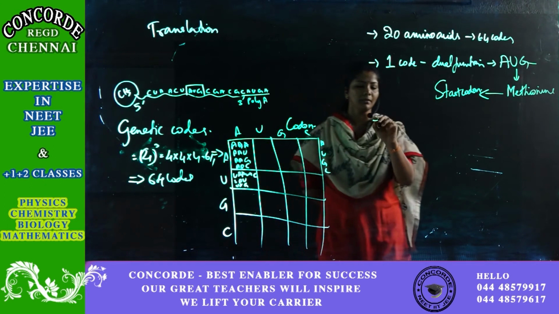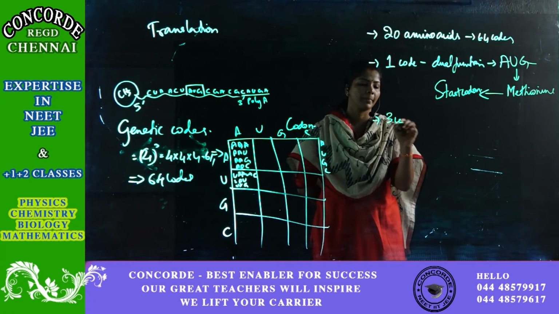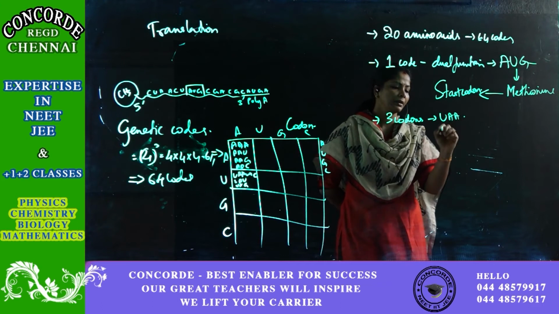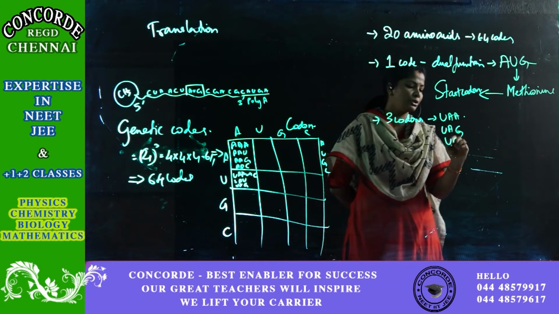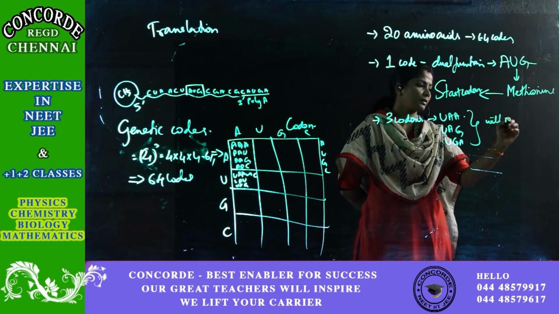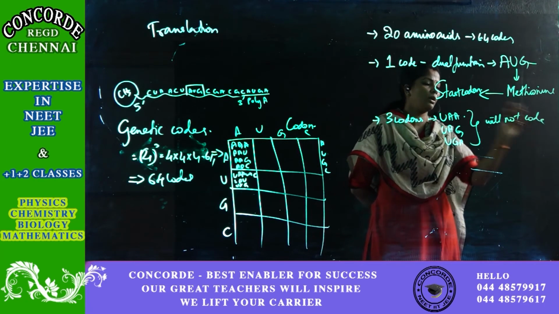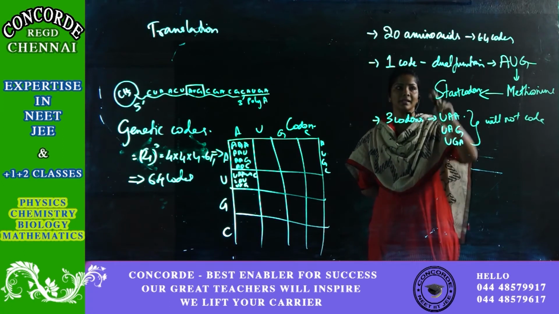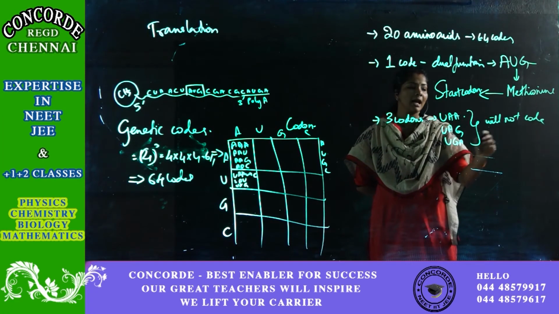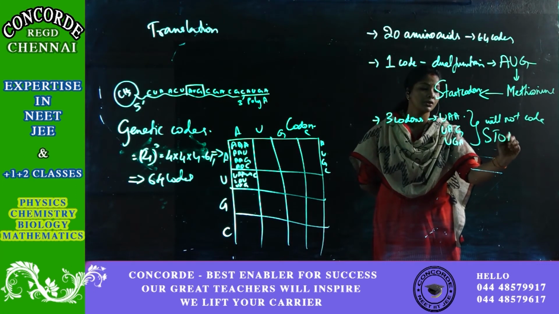Three codons, that is UAA, UAG and UGA, will not code for any amino acid. In the 64 total, these 3 will not code for any amino acid and they act as a stop codon.